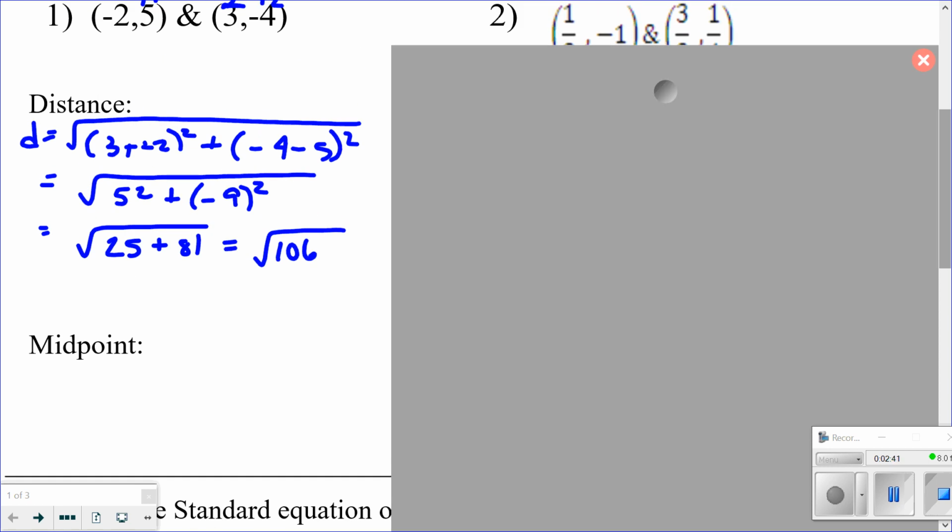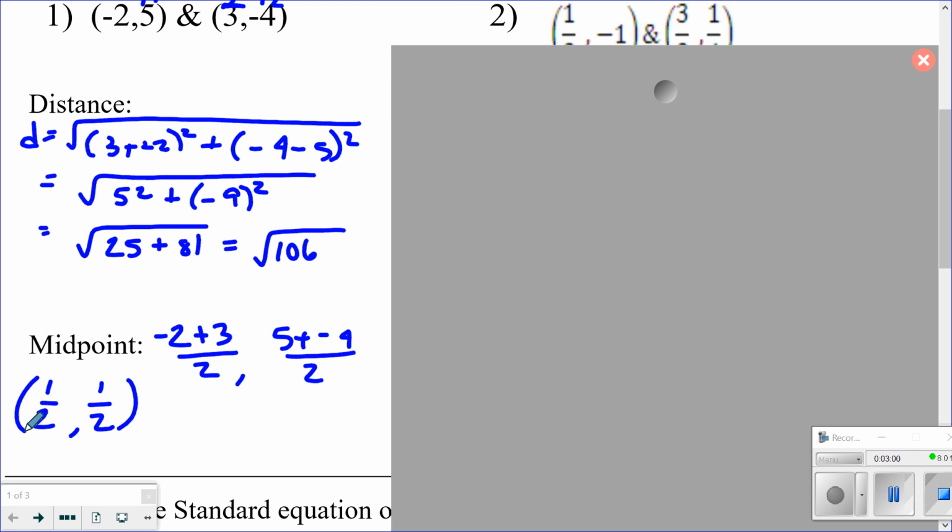Okay, so midpoint is going to be negative 2 plus 3 all over 2. And the y's are 5 plus a negative 4 all over 2. And we reduce down, we got 1 over 2 and 1 over 2 again. And we can just leave our midpoint like that.